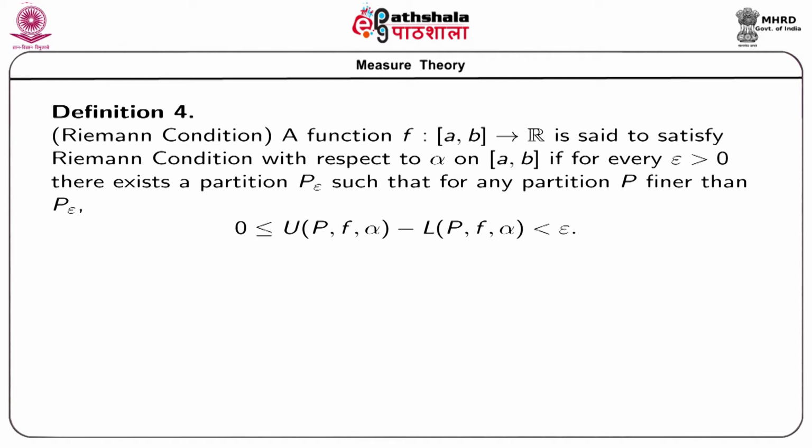A function f from closed interval [a, b] to R is said to satisfy Riemann condition with respect to the integrator alpha on closed interval [a, b] if for every epsilon greater than 0 we can find a partition P_epsilon with the property that for any partition P which is finer than P_epsilon, we have 0 less or equal to U(P, f, alpha) minus L(P, f, alpha) less than epsilon.